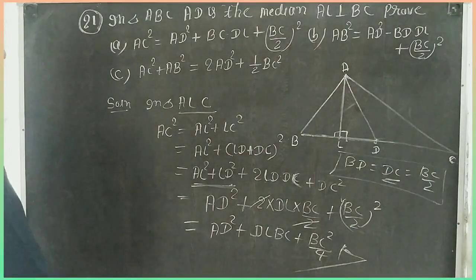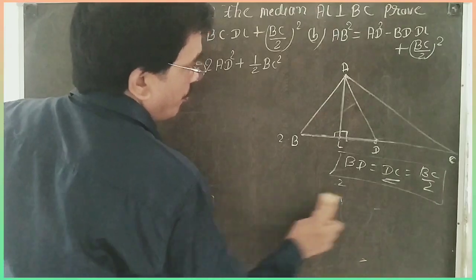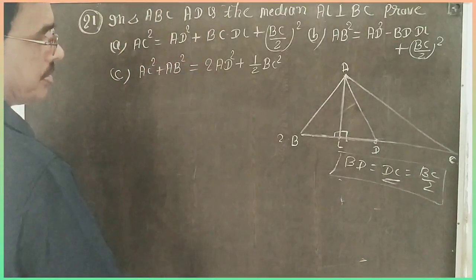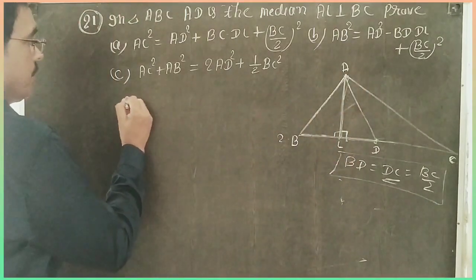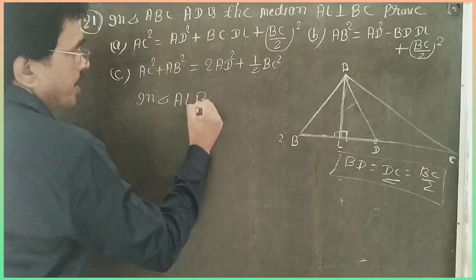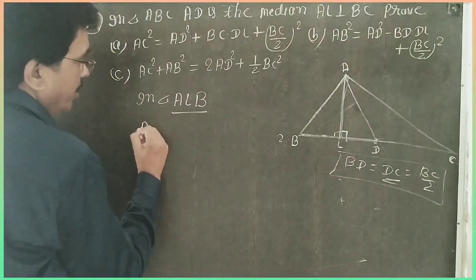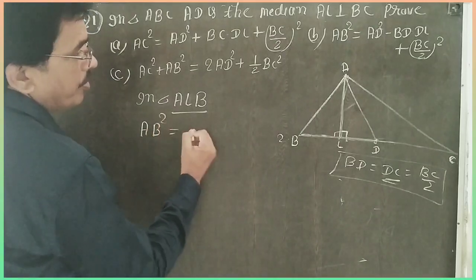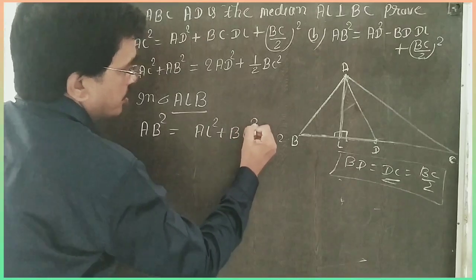Second, when your question is to prove AB square, so AB in triangle ALB. So we write in triangle ALB, what is AB square? It is equal to AL square plus BL square.